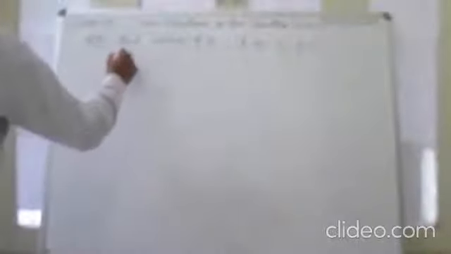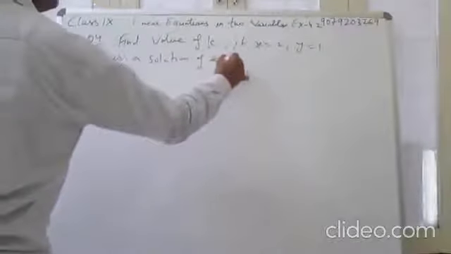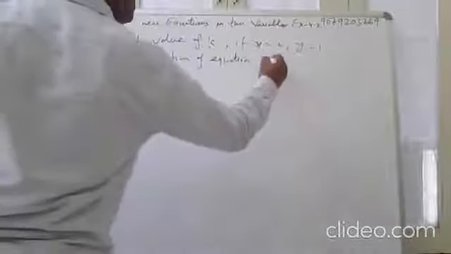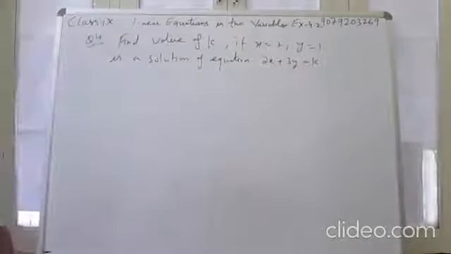Question 4. Find the value of k, if x is equal to 2, y is equal to 1 is a solution of the equation 2x plus 3y is equal to k.